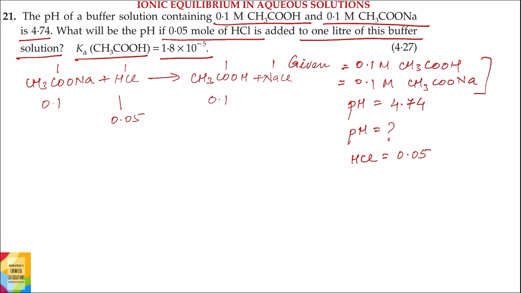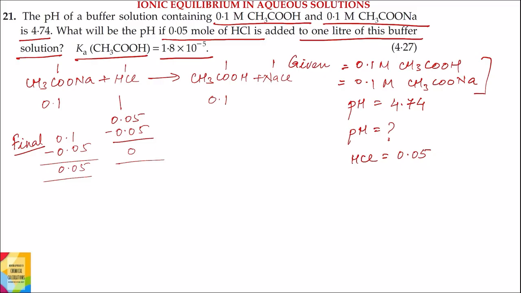On adding 0.05 mole of HCl, 0.05 mole of HCl reacts with 0.05 mole of sodium acetate to give 0.05 mole of acetic acid. So the final concentration of sodium acetate is 0.1 minus 0.05, which is equal to 0.05 moles. The final concentration of HCl is 0.05 minus 0.05, that is 0, because all the HCl has reacted with sodium acetate.